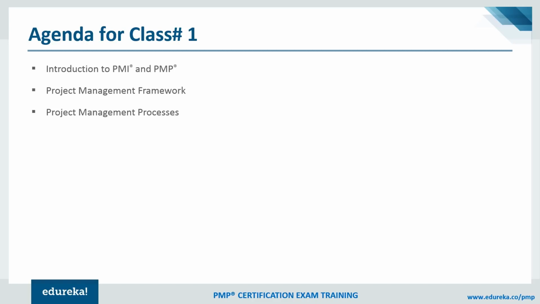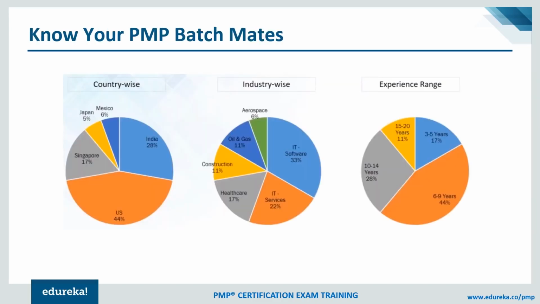Before we start our class, let's have a look at who all are your batchmates attending this class. Before the training, you were provided a form, and based on the information you filled up there, I have pulled out these statistics. We have a total of 18 people from US, India, Mexico, Japan, and Singapore attending this training.